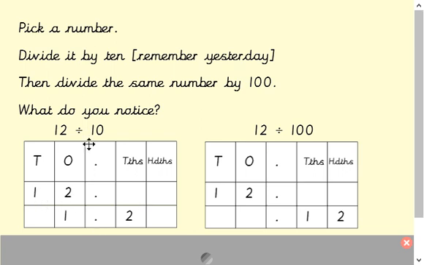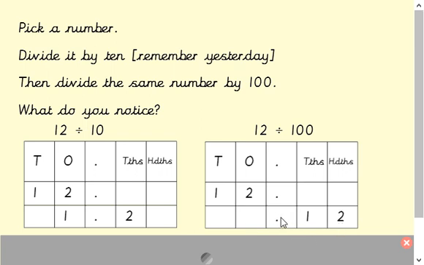So 12 divided by 10 would be 1.2. If I was dividing 12 by 100, then I know I've got to move it two places to the right. So 12 divided by 100 leaves us with 0.12.